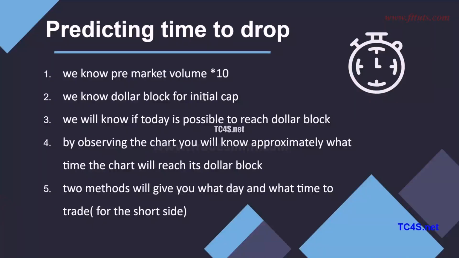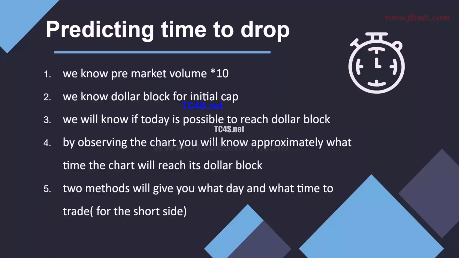And second, we want to know the dollar block for initial market cap for each market cap zone. So for market cap between 0 to 100 million, 100 million to 200 million, 200 million to 500 million, 500 million to 1 billion, and 1 billion or above. And for those, you already have your number.